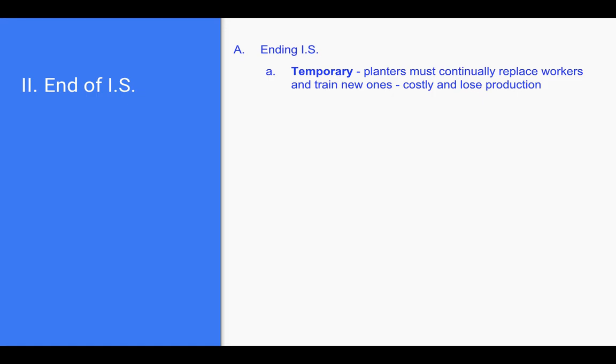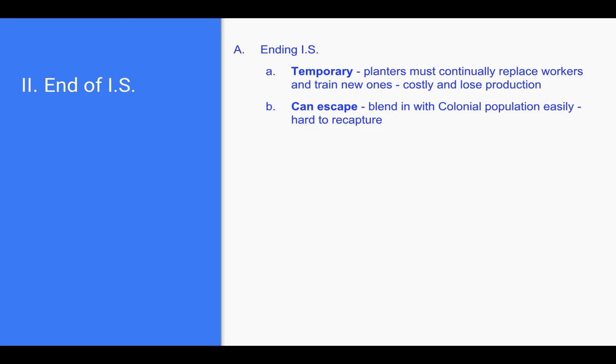And when you didn't have indentured servants working during sometimes a short growing season, because most of the time they worked on a farm, you would lose production, you would lose money. And if you recall, 60% of indentured servants didn't make it through their 7-year term. So this meant that you were replacing them quite frequently. So production was being lost. So it was costly, and it was temporary. You only had that person for 4 to 7 years at best.